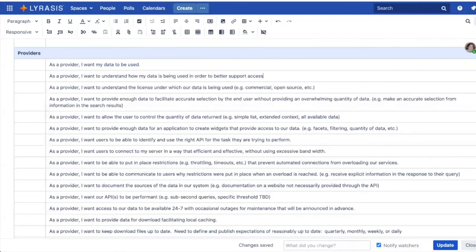If no one ever uses a specific filter or a certain search or query format, then maybe we can discard it, and we should always allow people to ask us to elaborate on what we offer, but that is not part of what we offer as a provider of the data.